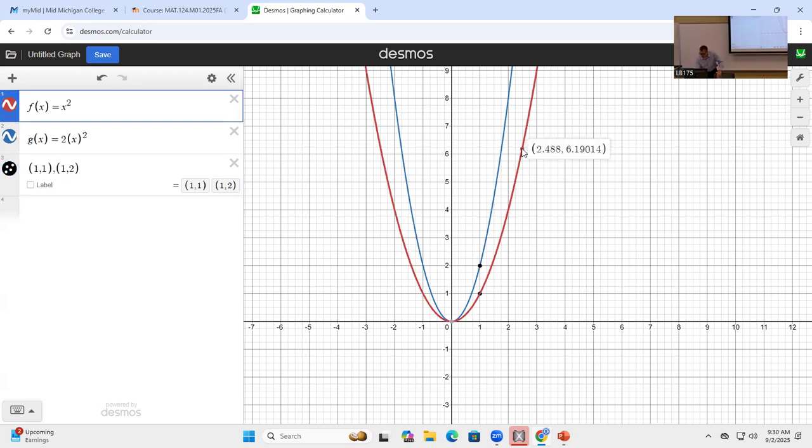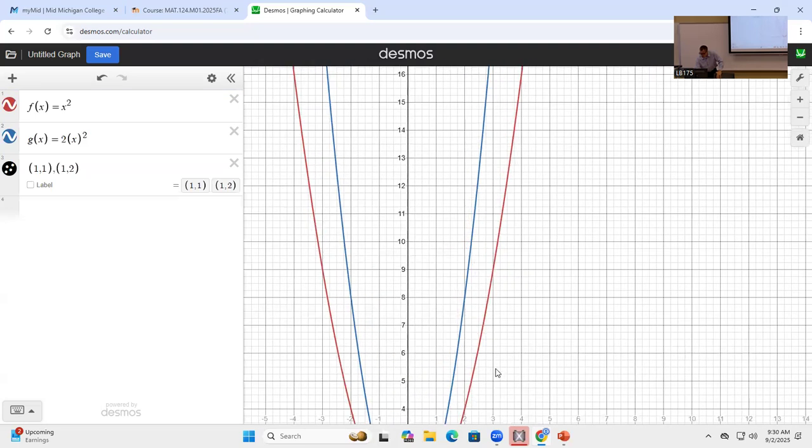The same would be true for any other point. Notice that we had the point (3, 9) on our original function. If I vertically stretch that by 2, I should get the point (3, 18). Let me highlight the point (3, 9).